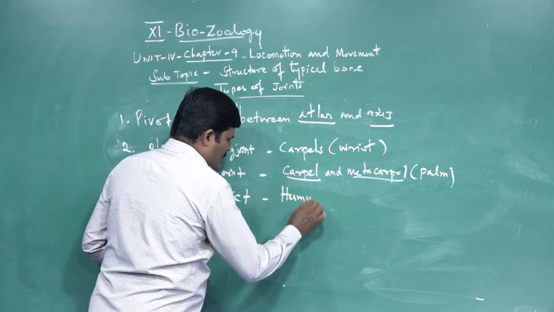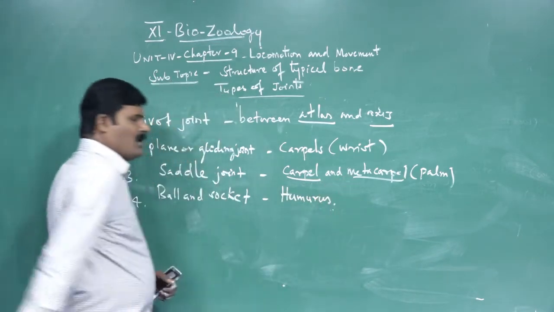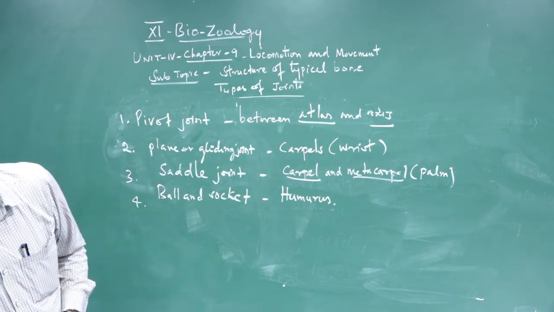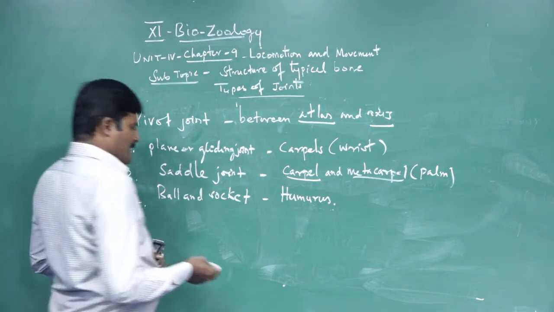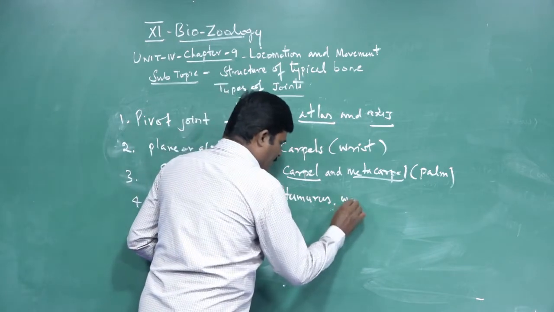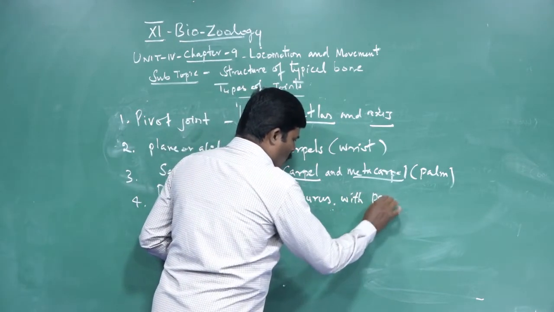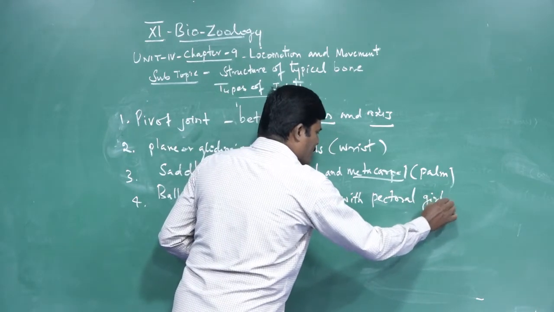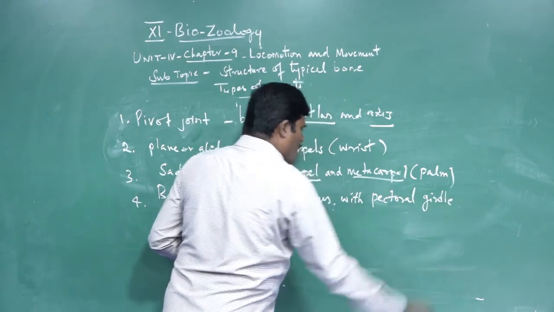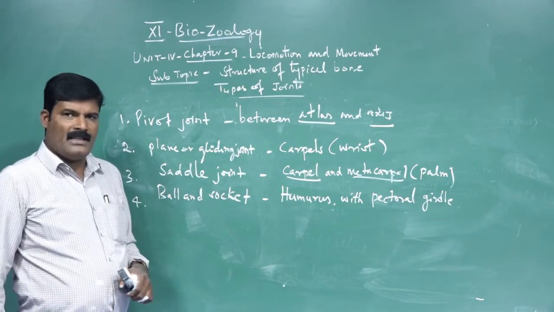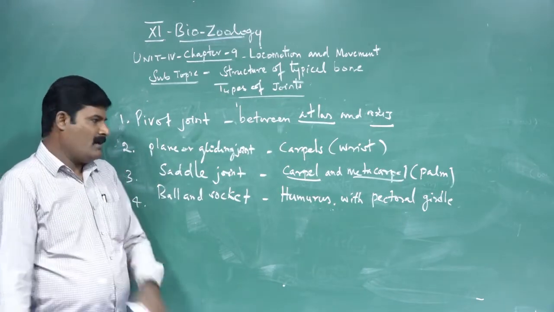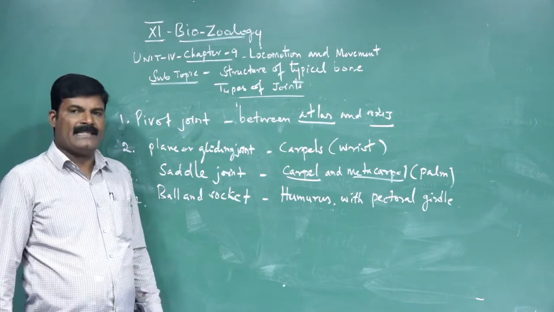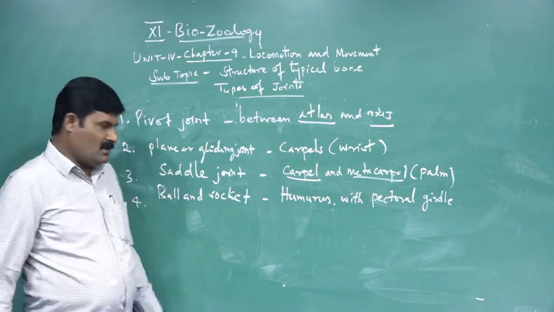Humerus. The bone in the upper arm is called the humerus. It is a long bone in the upper arm, connected with the pectoral girdle. The pectoral girdle otherwise makes the shoulder joint.